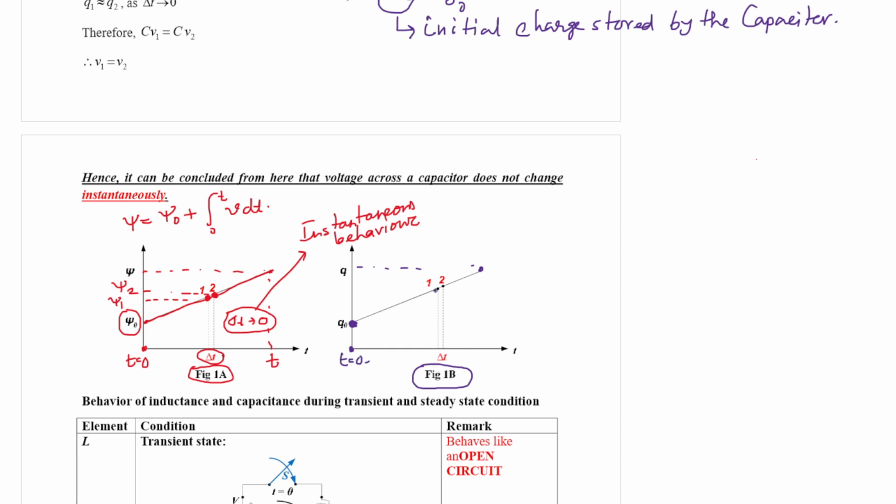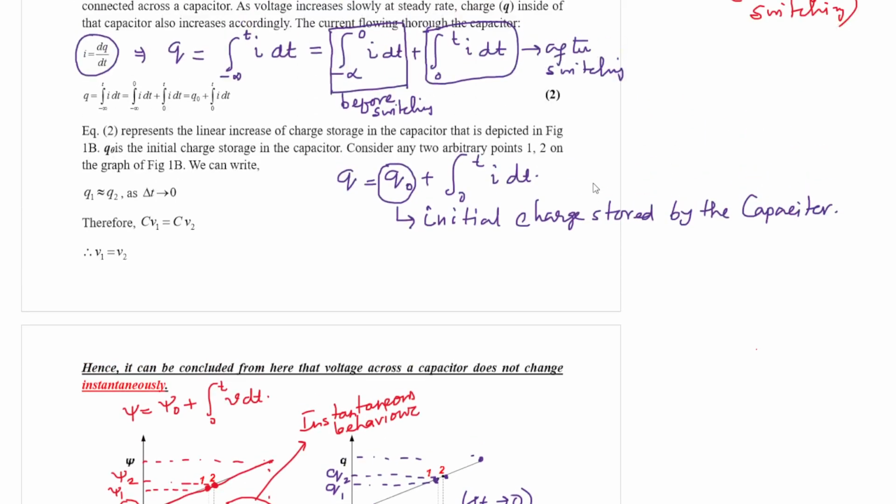Again, if we consider 2 points, point number 1 carries a charge q1, and point number 2 carries a charge of q2. These 2 points are very close to each other. So as delta t tends to 0, we can say that Q1 is equal to Q2, or almost Q2.